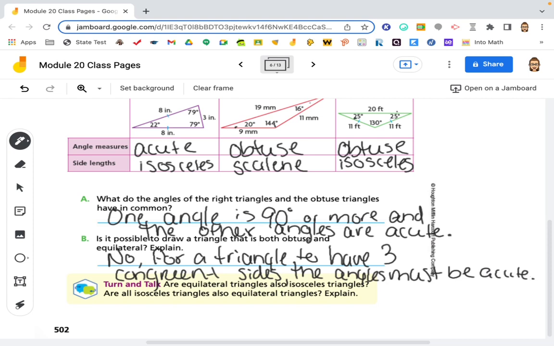And really that comes down to the fact that if the sides are all congruent, that means the angles are also congruent, and you can't have more than 180 degrees inside of a triangle. So the only equilateral triangles have 60-degree angles.